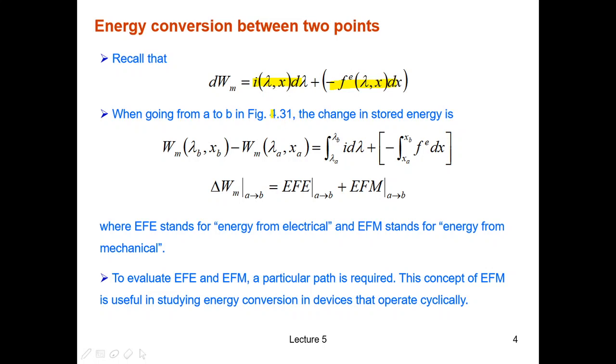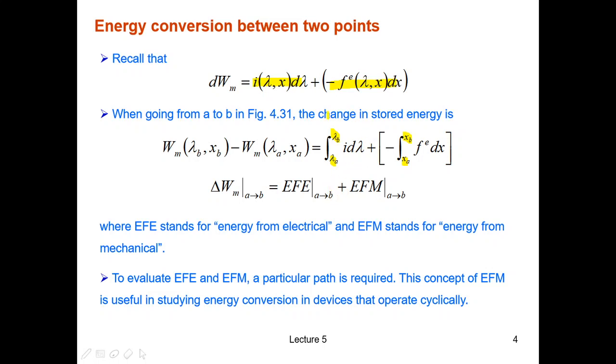in figure 4.31, the change of the stored energy would be the integration of this between A and B. So if we calculate the first component, lambda will be varying from lambda A to lambda B, and in the second component, x will be varying from xA to xB.